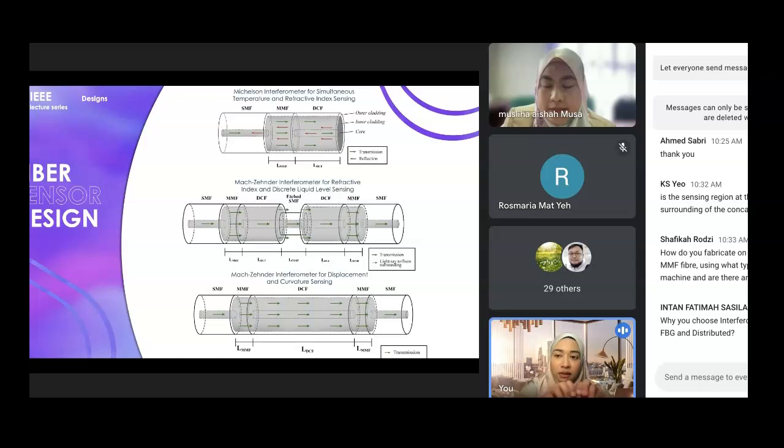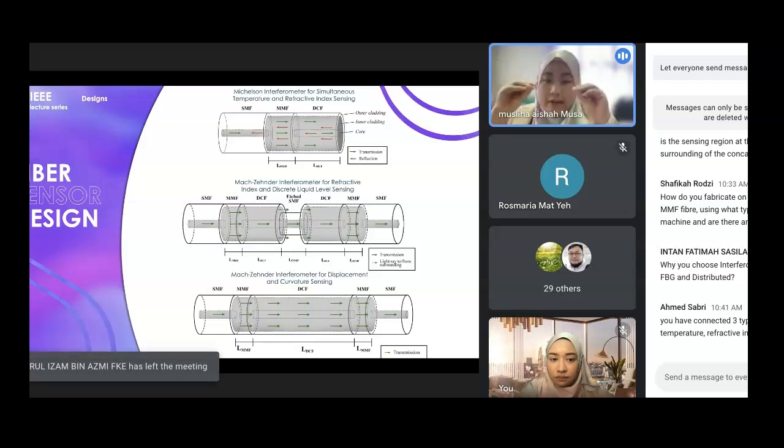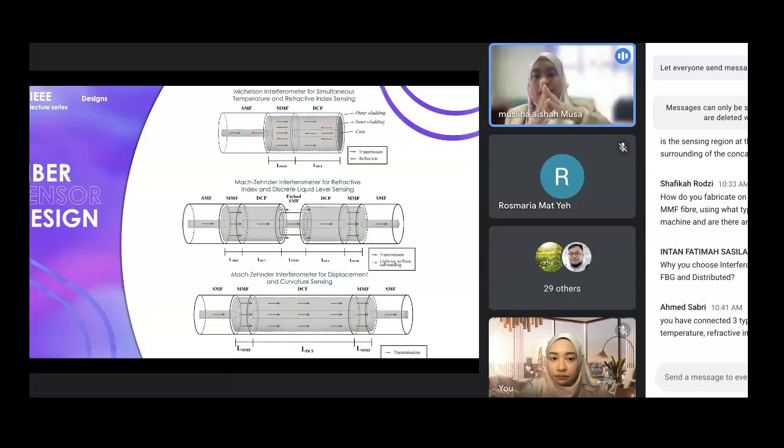What about when you mentioned the whole DCF was the sensor region itself? Yeah, for that one, the whole DCF is for temperature. When we want to do simultaneous parameters such as temperature and refractive index, how can we divide whether this peak is for temperature, and also how do we reduce the cross sensitivity?